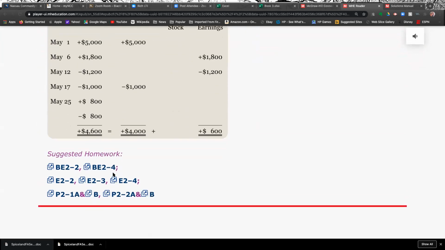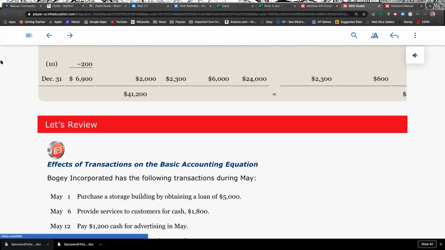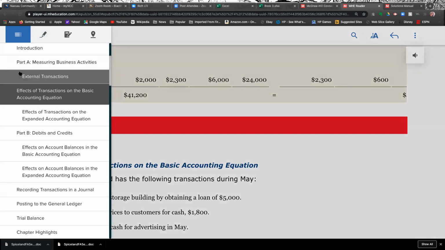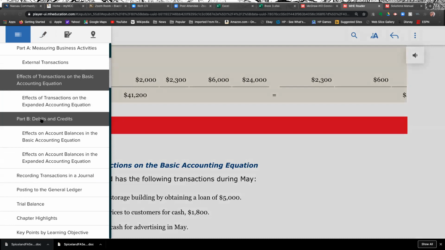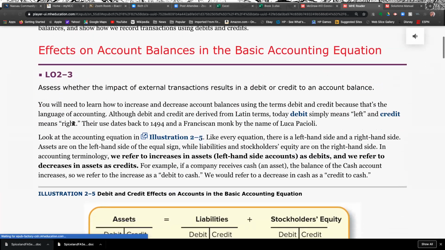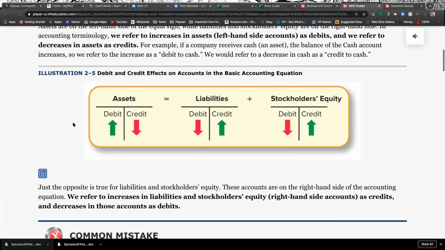They use something called an account. So notice, you see these things here look like the letter T? Those are called T accounts.